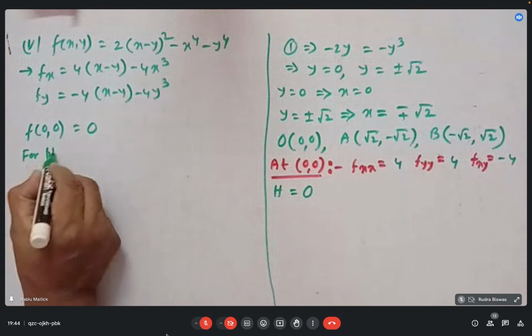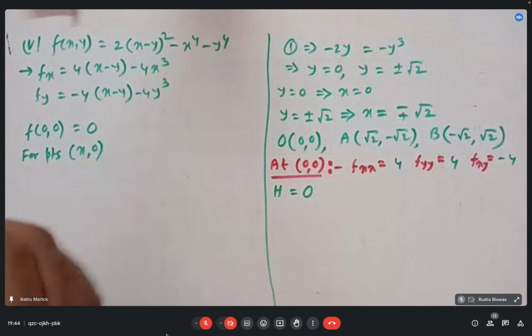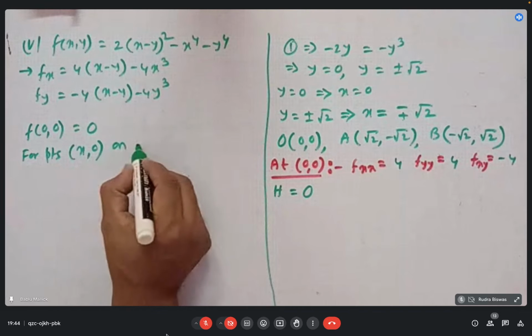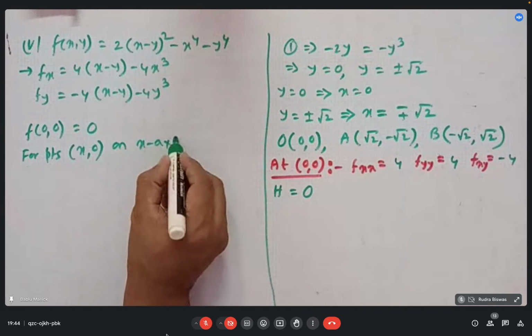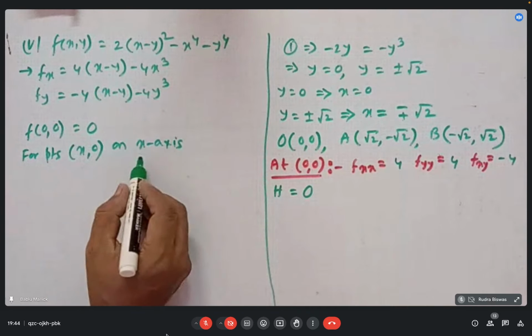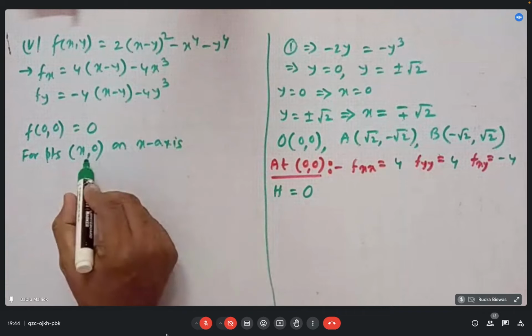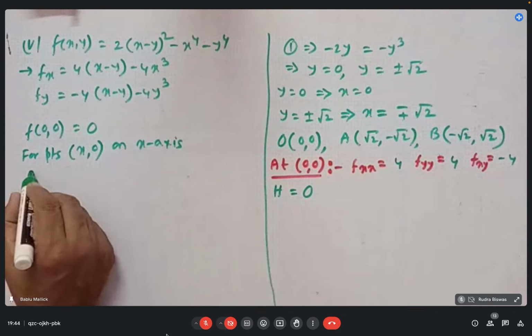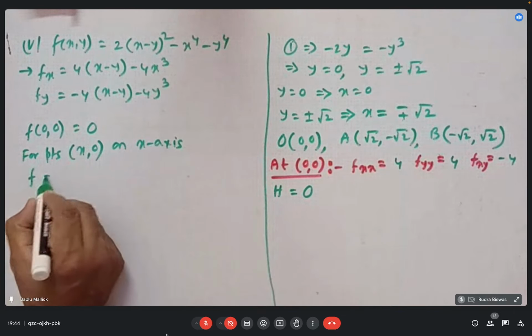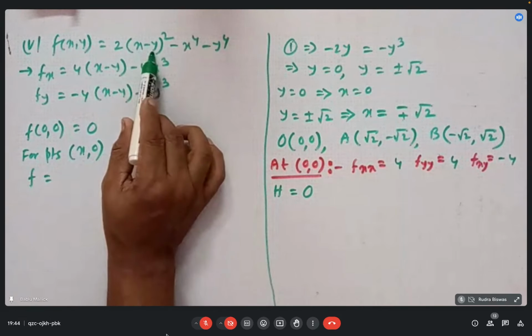For points x comma 0 on the x-axis, look, what is the value of f for x comma 0 when y is equal to 0?